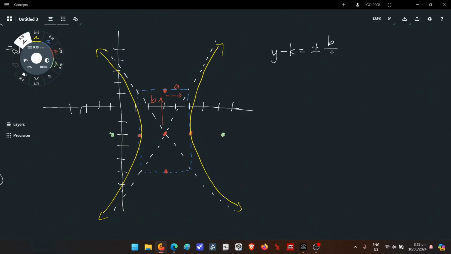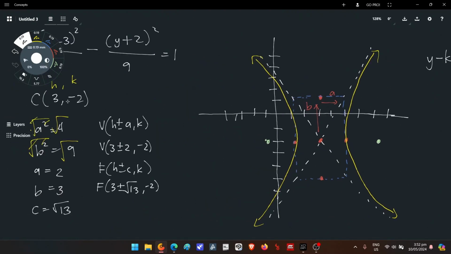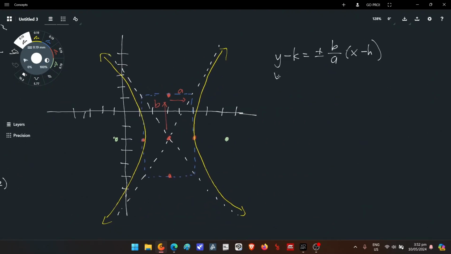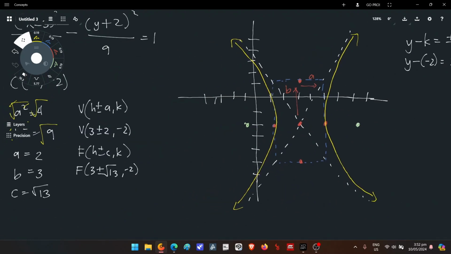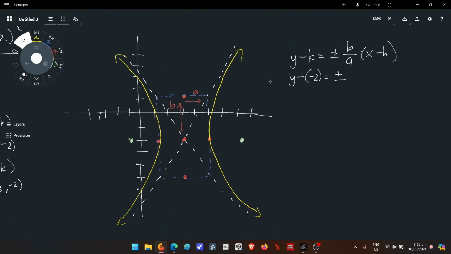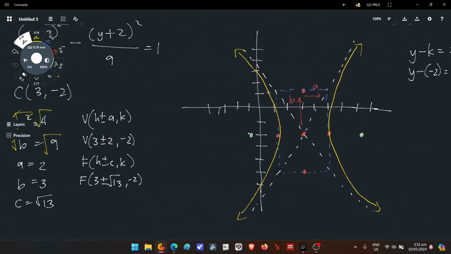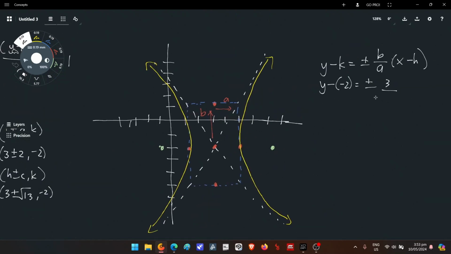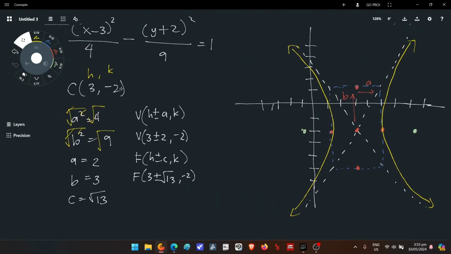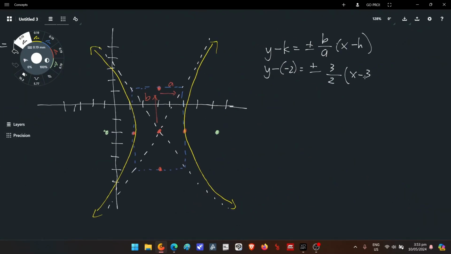So it's b over a times (x minus h). k is negative 2, so y minus negative 2 equals positive negative, our b is 3, so we write 3 over our a, which is 2, times (x minus 3).